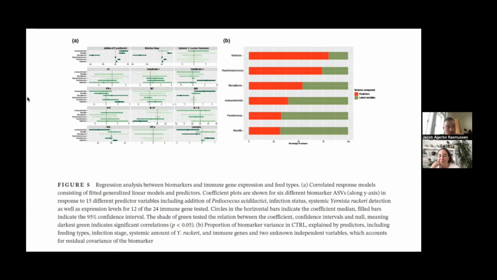If you had this test, you also needed to know what kind of diet is in there, right? But in this case, we saw that there were two really good candidates for showing a healthy or non-infected animal, and Pseudomonas in this case for infection.